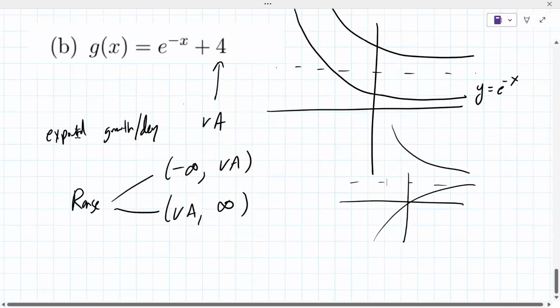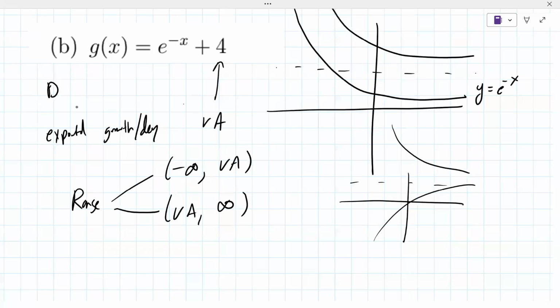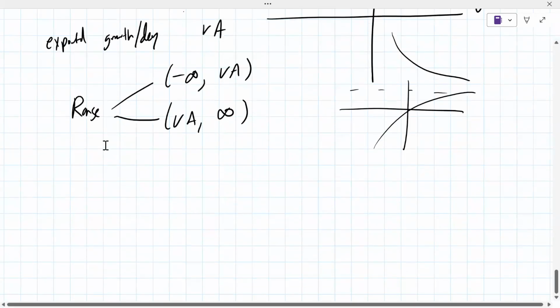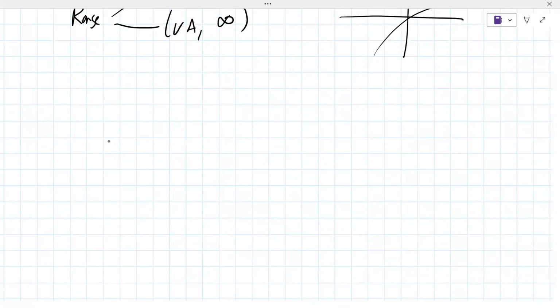So, domain, it's still all real numbers. Is there any situation where it would be restricted, or is it just always all real numbers? Well, that's always a starting point. Of course there are restrictions. Root functions are restricted, rationals are restricted, certain trig functions are restricted.